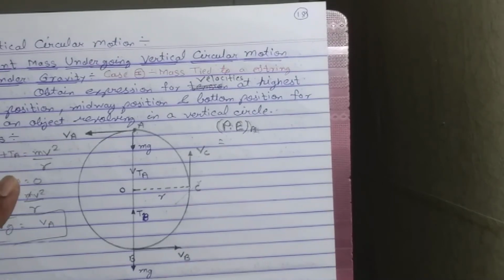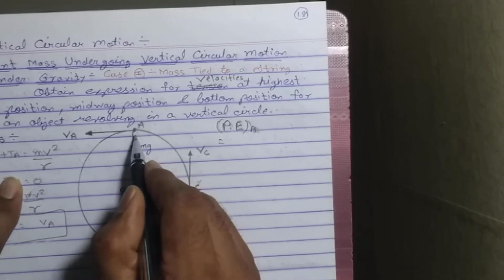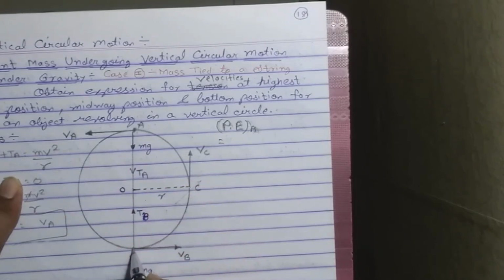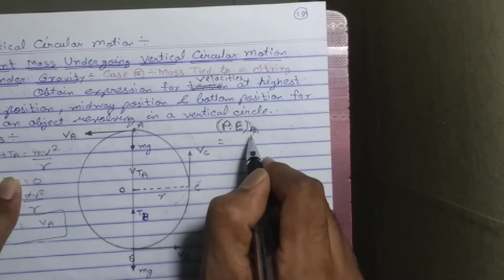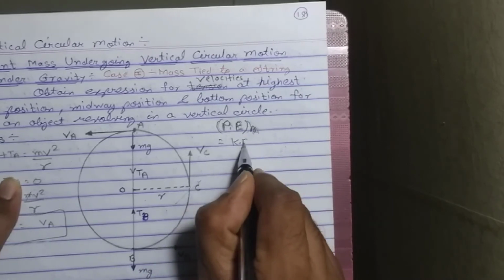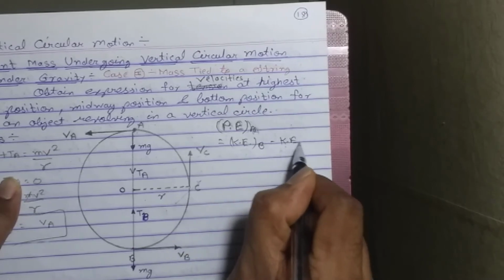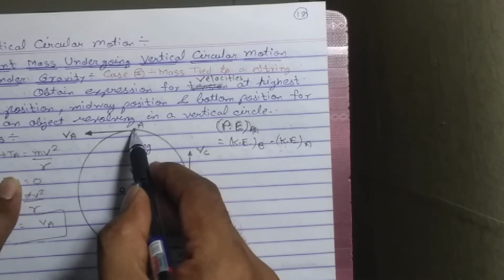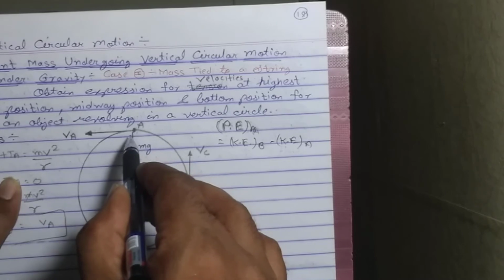But students, we observe some velocity at point A also. The total potential energy is given when the body moves from point A to point B. So we can say total potential energy at point A is equal to kinetic energy at point B minus kinetic energy at point A. Because at this point, total potential energy is stored in the object.